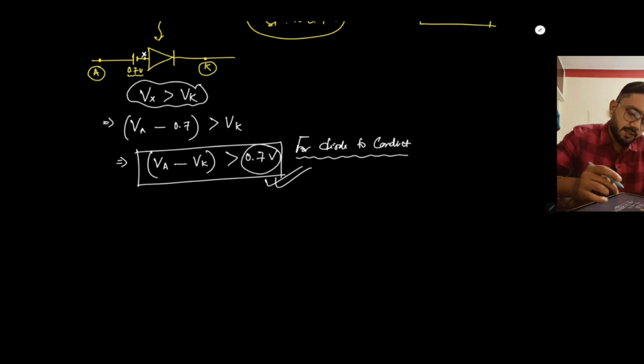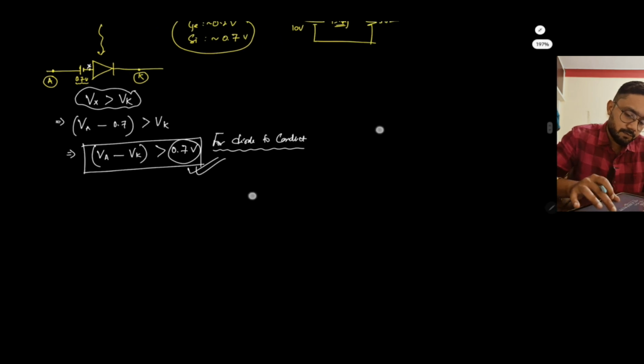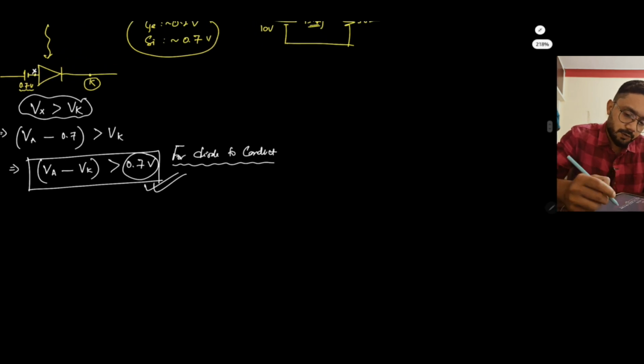So if I consider this case, how will the VI characteristics look now?